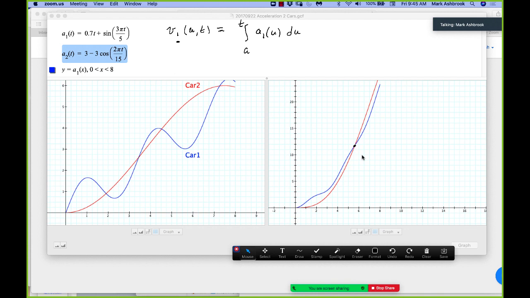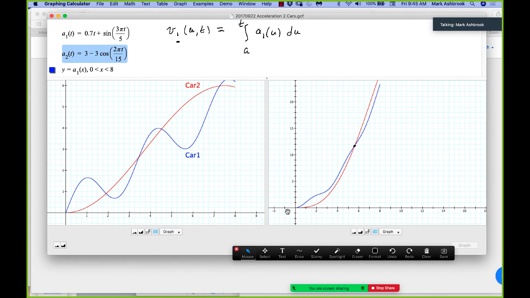Okay, so what about distance now? Suppose I want to know, what's happening here now? Car 2 is going faster than car 1. So does car 2 in this time frame ever catch up to car 1? Will car 2 pass car 1?